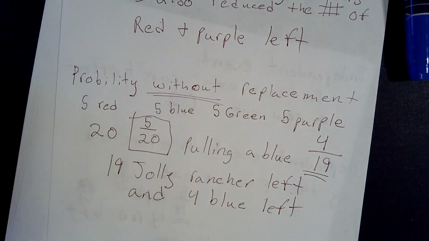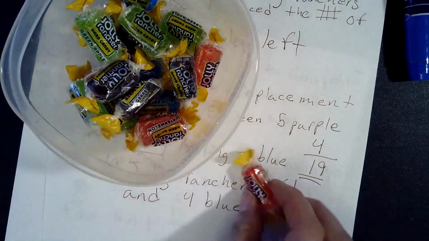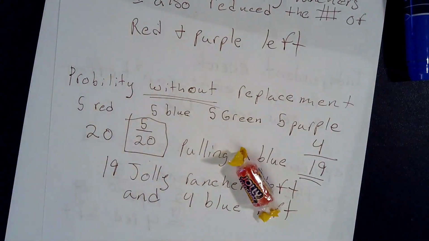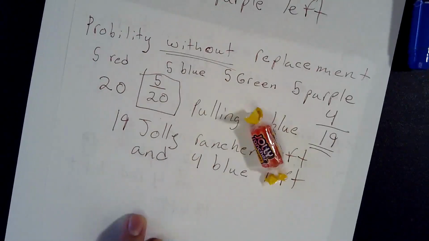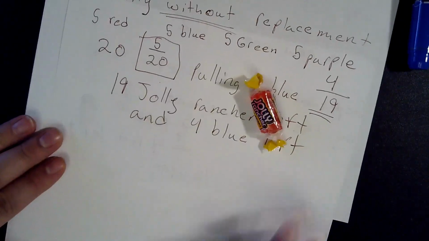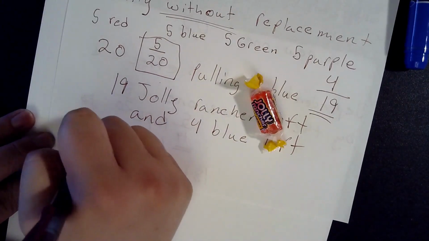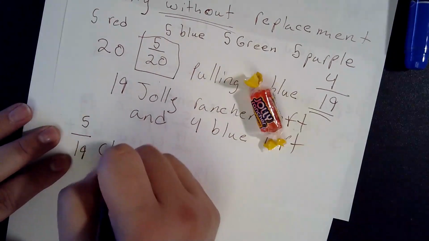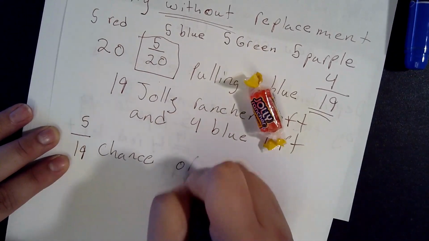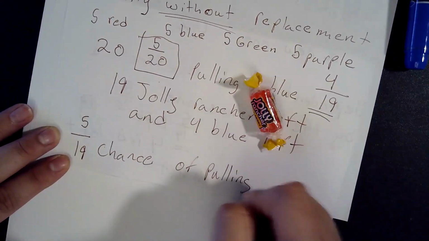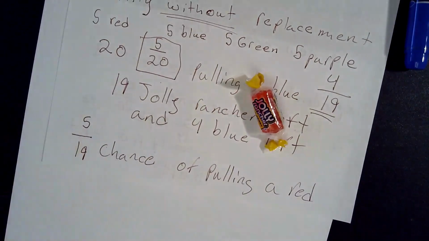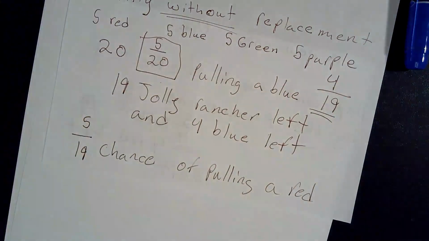So we're not putting it back. So now if I pull another one, I got a red one. So remember, now our new number is 19. So we now had a 5 out of 19 chance of pulling a red. Okay? Now that I pulled that red and I'm going to eat it, our numbers are going to decrease again.